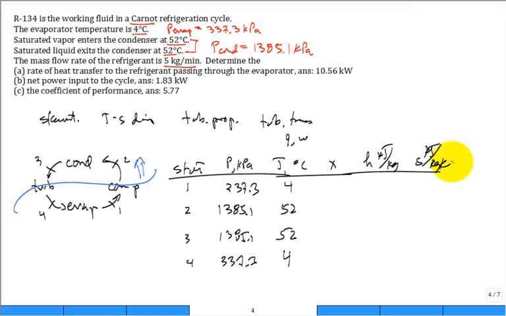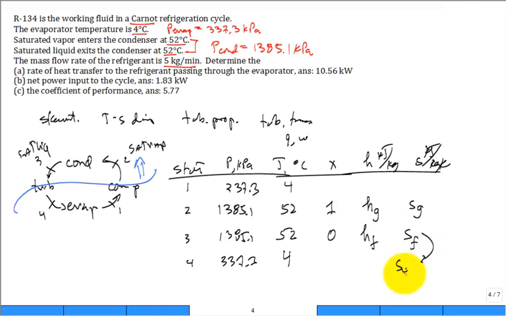So 2 of those are pretty easy, because at state 2, it's saturated vapor, and state 3, it's saturated liquid, is it not? So the quality at state 2 is 1 and at state 3 is 0. So this will be h_g and s_g. And this will be h_f and s_f. How do I go between state 3 and state 4? It's isentropic. s4 is equal to s3.